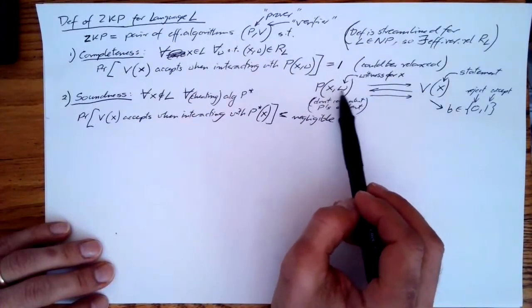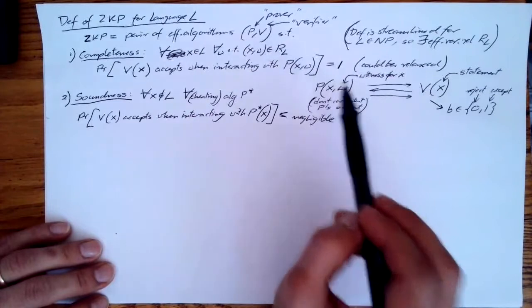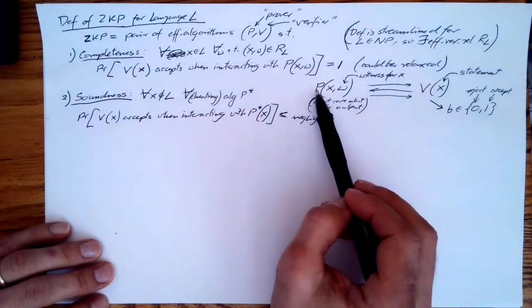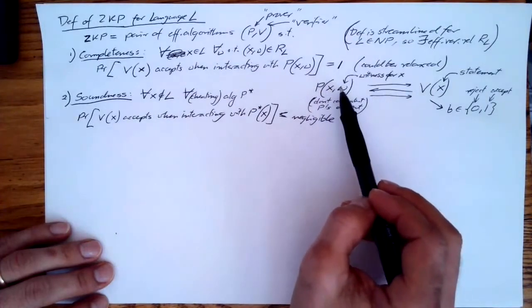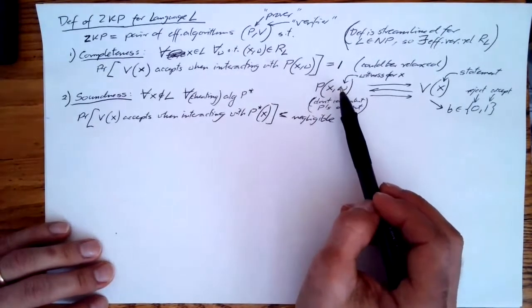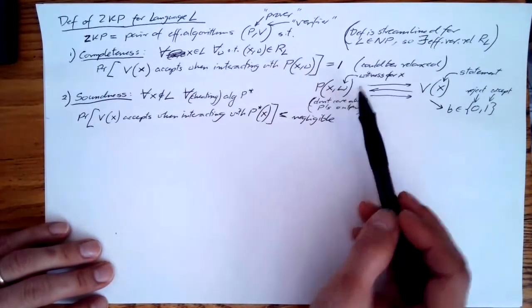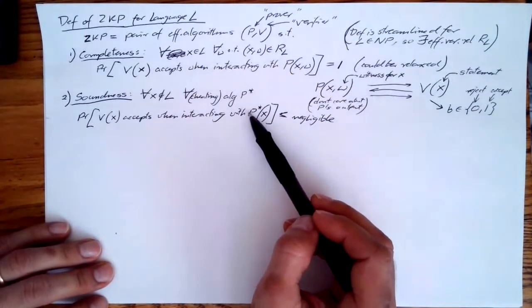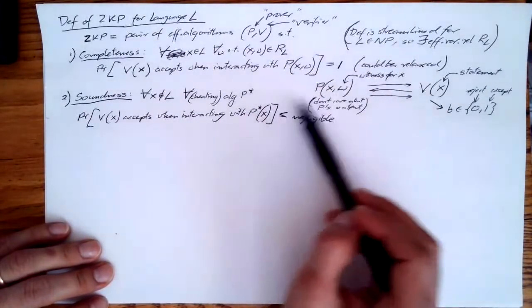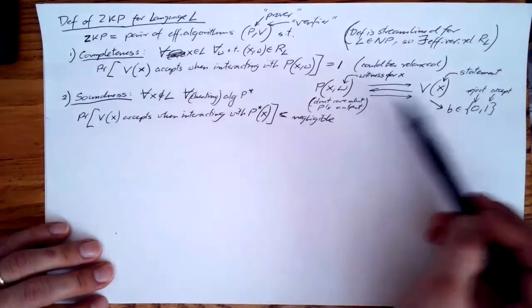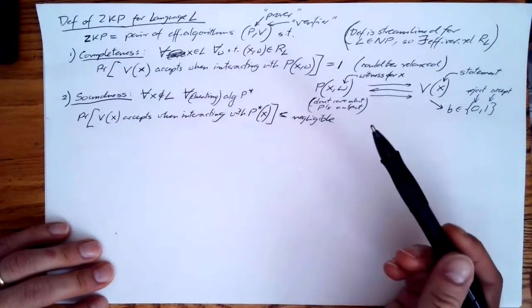Presumably the prover algorithm uses in some way that this is the correct witness, so this algorithm will bomb because it does not have a valid input. Any other input you put in, the algorithm can potentially grind to a halt. But P star is an arbitrary algorithm, and no matter what messages it sends to the verifier, the probability that the verifier accepts must be negligible.